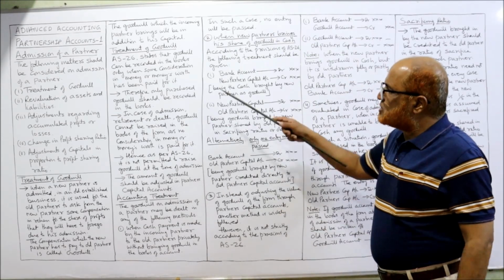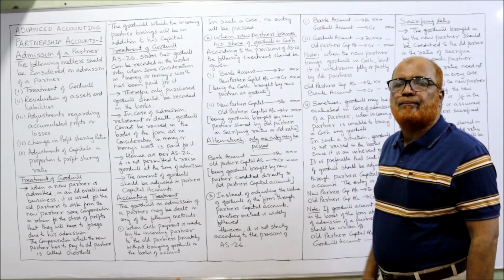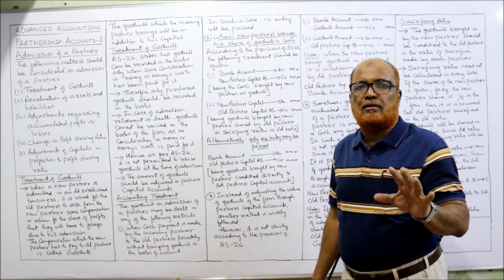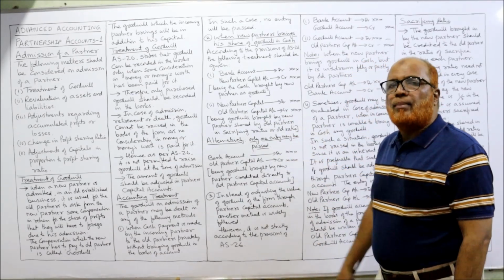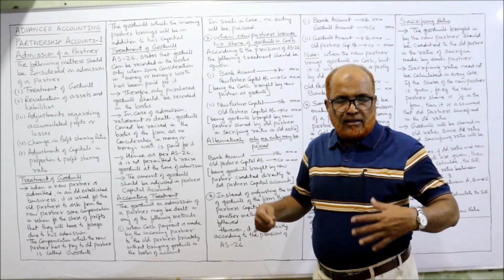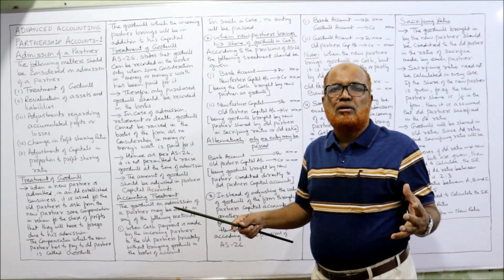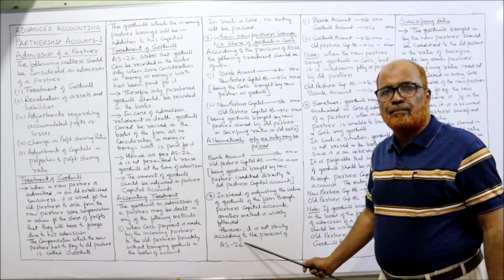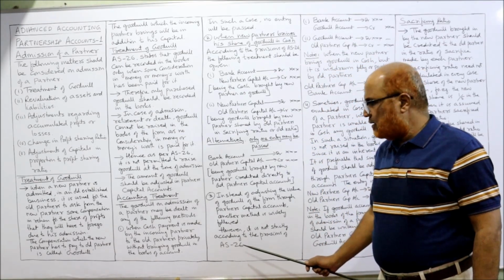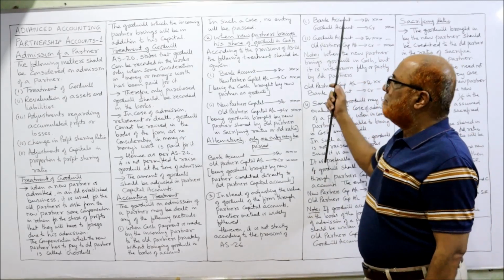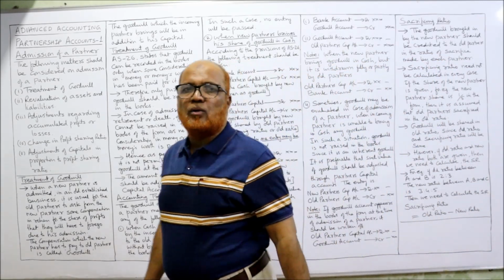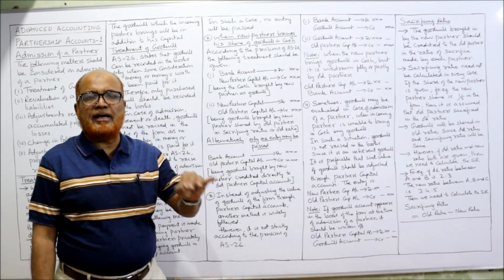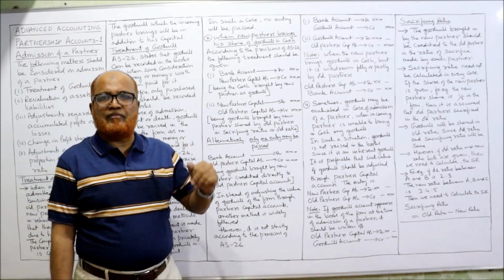Actually, AS 26 has specified the earlier method of recording goodwill. But the other method, which is widely used, is not suggested by AS 26, though it is followed by many business houses. What's that? Bank account debit, goodwill account credit. This is the old method. It is not accepted by AS 26, but still it is prevailing.